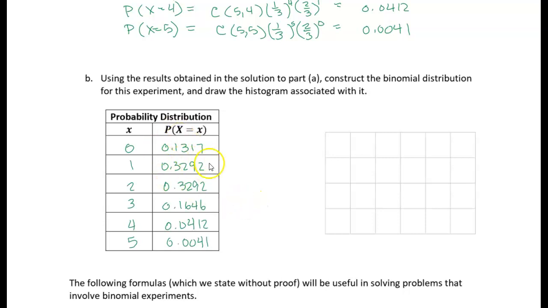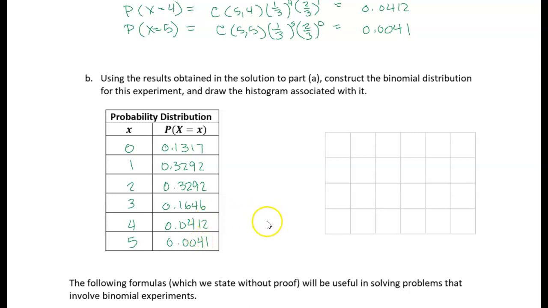My possible outcomes are 0 successes, 1, 2, 3, 4, and 5 successes out of 5 rolls of the die, and I've written down the probabilities for all of these possible outcomes that I just calculated in part A. That would be my tabular probability distribution.